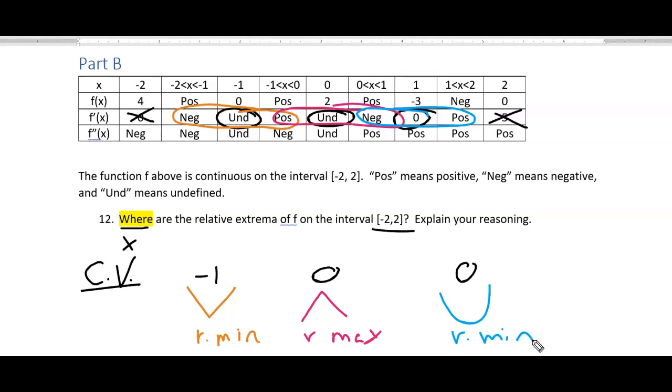Now, how you need to write your answer for this: I don't think you're going to get points for this picture. They are going to ask you to explain your reasoning, so the picture is not an explanation, just so you know. So let me show you how you would word your answer here real quick. So negative 1 and 0 are the relative mins, right?